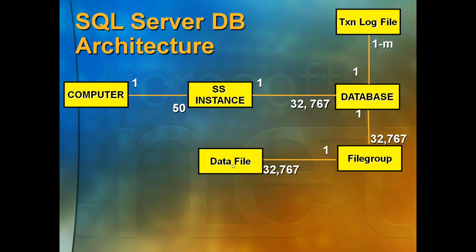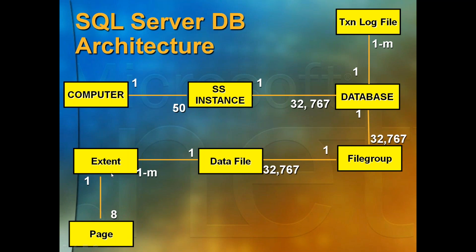What do you mean by data file? One data file contains one or more extents, and one extent will have 8 pages, and your SQL Server table. So at the end of the day, we are going to be storing the data in a database.